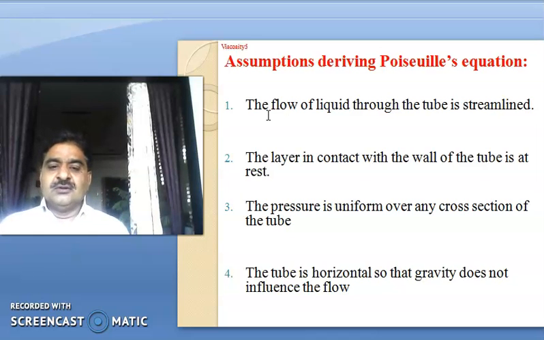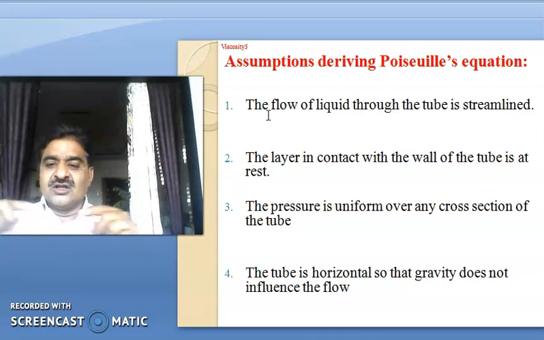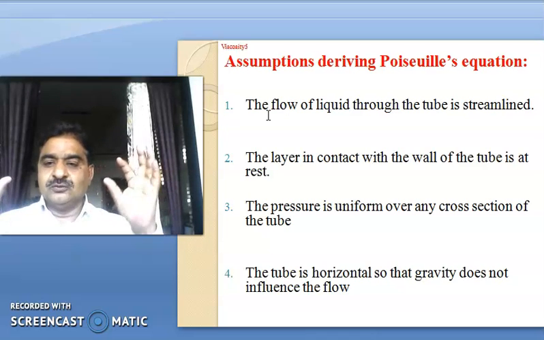Third one is the pressure is uniform over any cross section of the tube. Throughout the tube, pressure must be uniform. And last assumption is that the tube is horizontal so that gravity does not influence the flow.